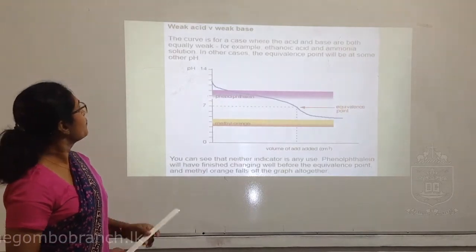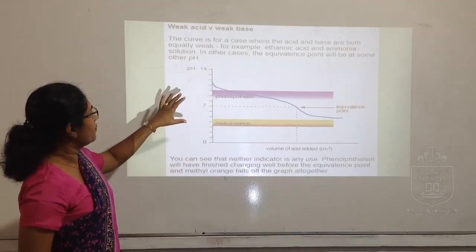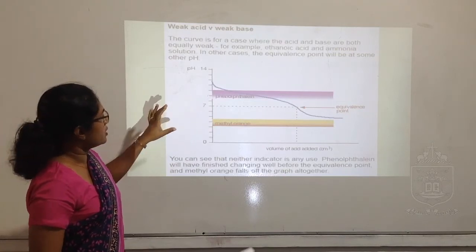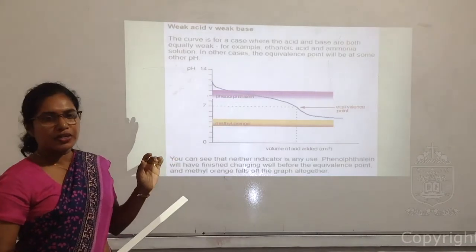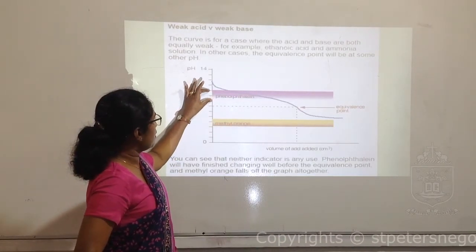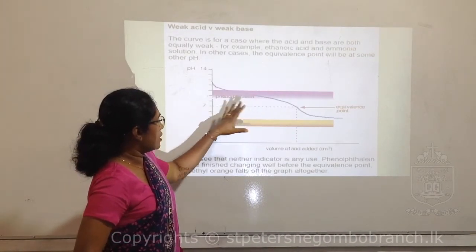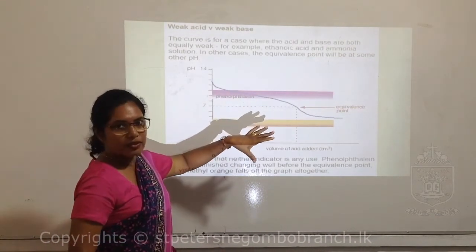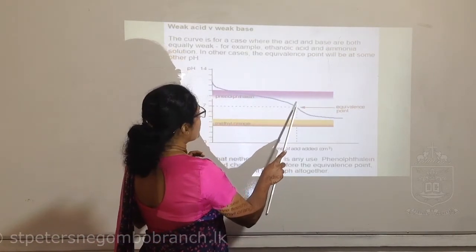Now let's take the weak acid weak base titration. This is the pH curve of the weak acid weak base titration, and there's no steep change in this titration, but there's an equivalence point here.